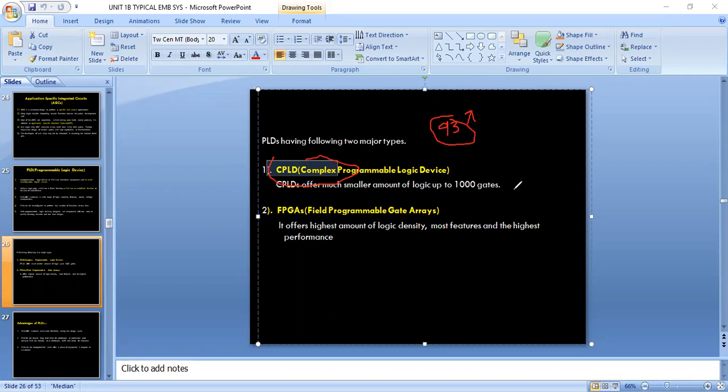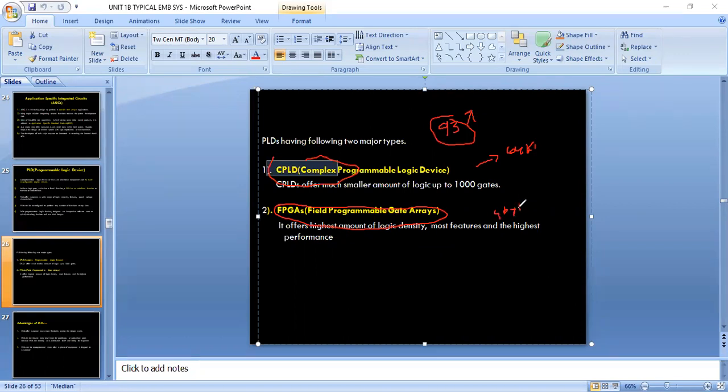To overcome that, they invented the FPGA. What is this? Field Programmable Gate Array. It offers the highest amount of logic density, which means you can accommodate bigger logic in a smaller area. In CPLD, if it takes some 64 KB of memory for writing a simple logic, in the case of FPGA it takes, for example, 4 bytes of memory.